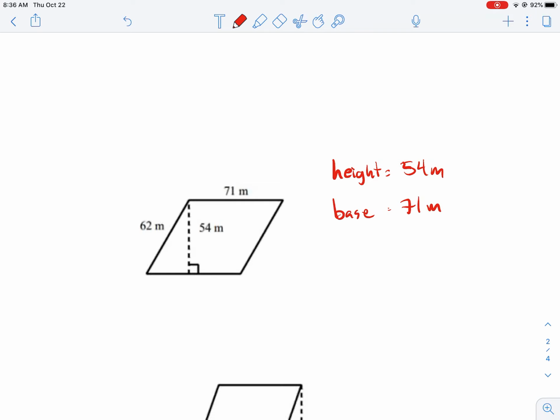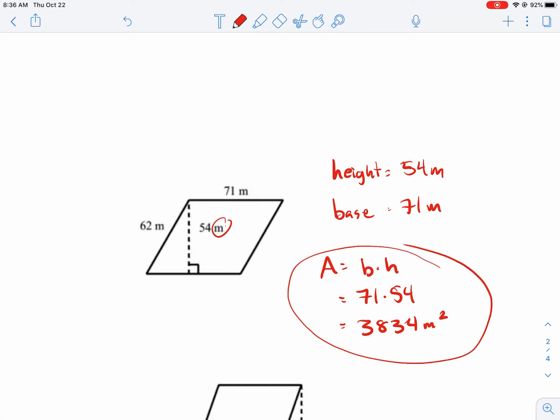So to find our area, base times height, which is 71 times 54, which is, I don't know if you guys know that off the top of your head, but I don't. 71 times 54, and I get 3834. Now they actually gave us a unit here, right? We have meters, so we would go meters squared. And that's the area of our parallelogram.